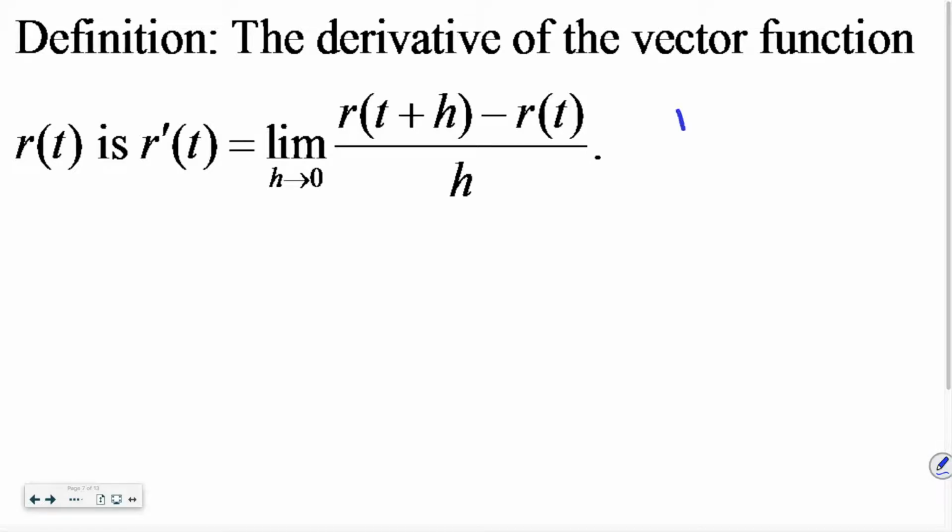So I'm going to define our vector valued function to be r of t equals f of t i plus g of t j.